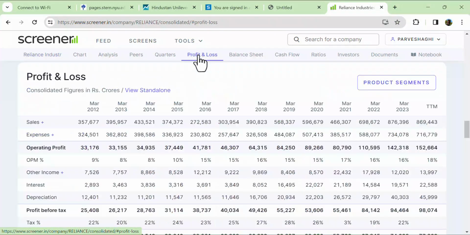Let's go to profit loss account. अब यहां देखिए आप. This is the operating margin of the company. What it was? 9% in 2012. And what is the current? 18%. So the margins have doubled. Okay. Because the company is actually progressing towards the businesses where the margins are very high.